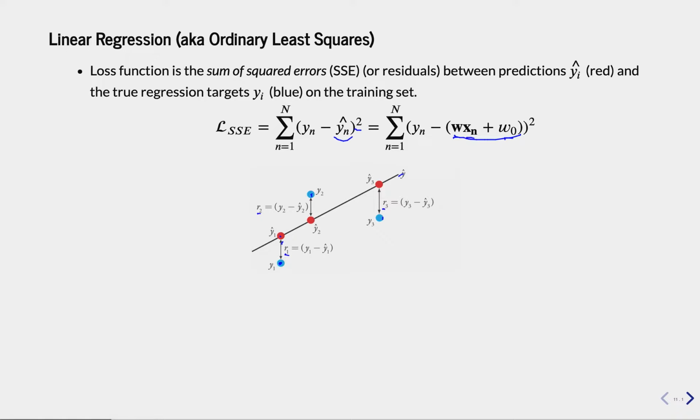So the loss function is a function of our weights. If we change the weight, we get a value for the loss function, and basically we want to find the set of weights which minimizes this sum. This is the sum over all the points in our data set.